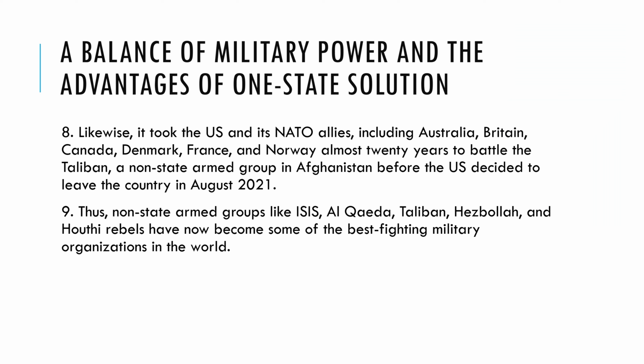8. Likewise, it took the US and its NATO allies, including Australia, Britain, Canada, Denmark, France, and Norway, almost 20 years to battle the Taliban, a non-state armed group in Afghanistan, before the US decided to leave the country in August 2021. 9.